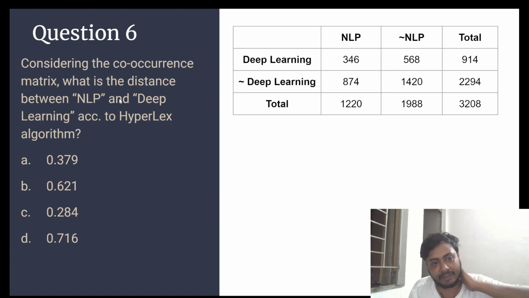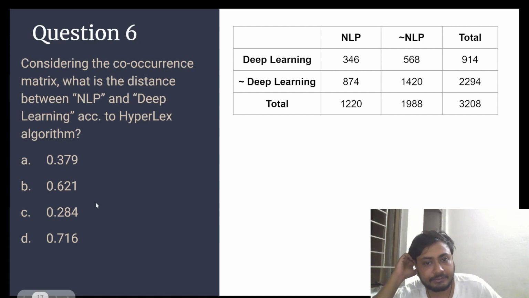So you need to find out the distance between NLP and deep learning according to the hyperlex algorithm. Can anybody tell me what is the formula for finding the distance according to hyperlex? What do we need to calculate first for calculating the distance?